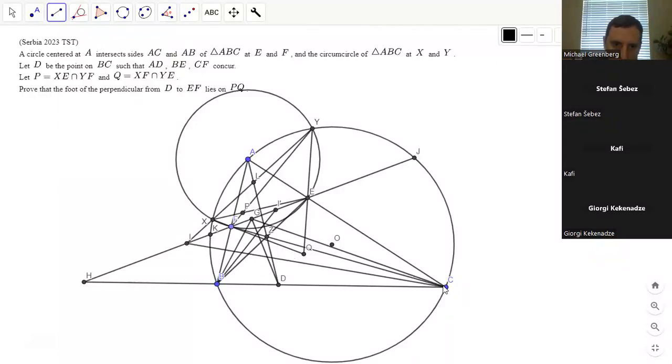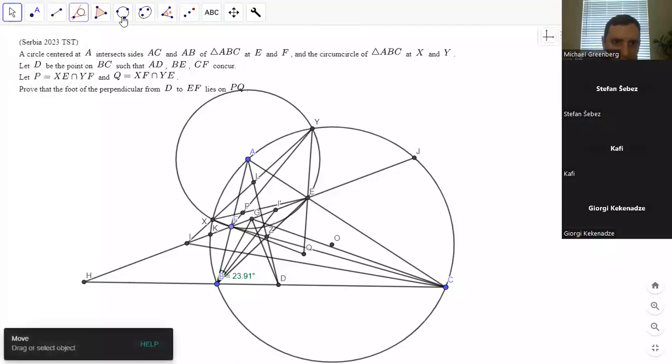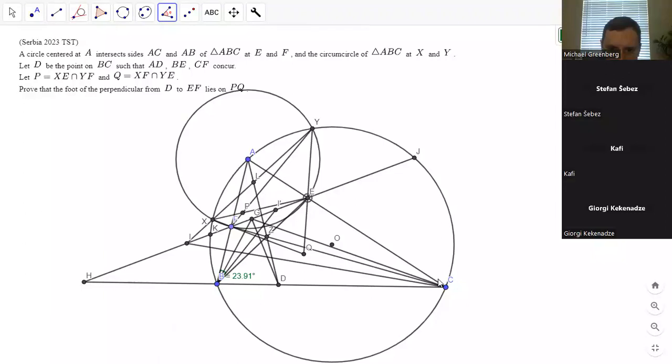So I could check if that's true. 23 degrees, and this should be, whoops, not that one. This. Yes. And then saying that those are equal.